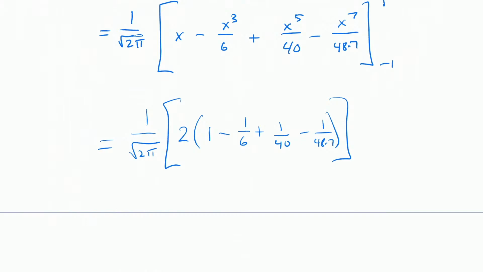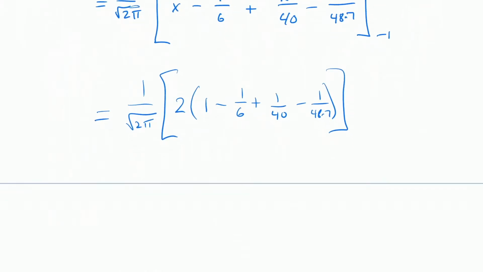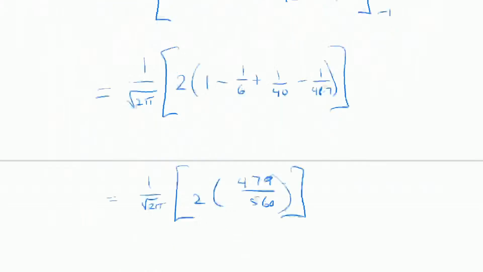I'm curious if this will do the fraction. Oh, it does. Wow. Okay, so this is 2 times 479 over 560, for what it's worth. At least according to my calculator, it's 479 over 560.